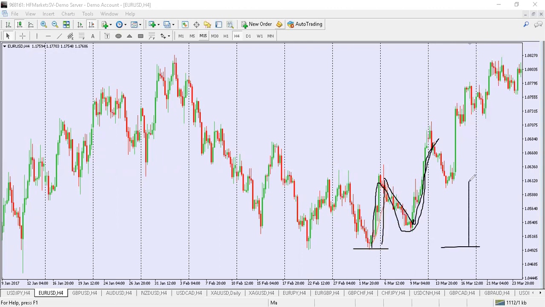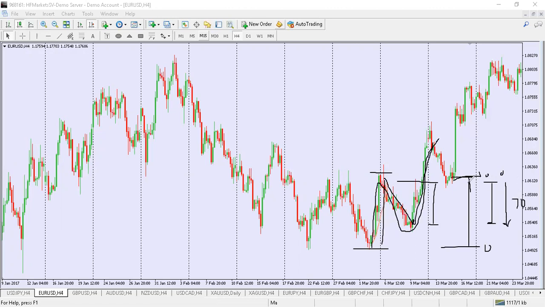This is the first move up. Then this is the move down from here all the way to here. If you draw it and compare, how much of a retracement do you have? From 0 to 100, it pushed down all the way to a certain point. So this is about 70%, right?